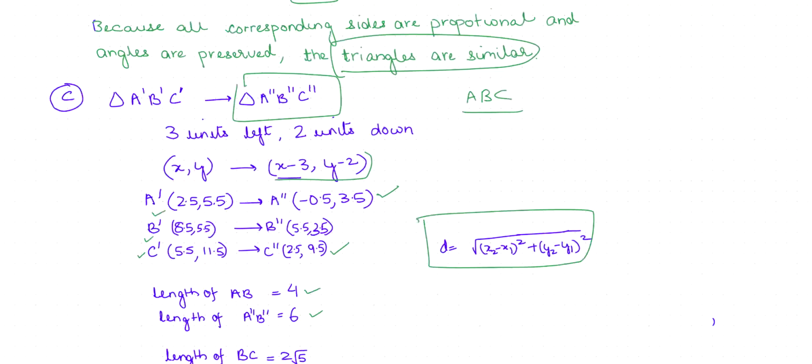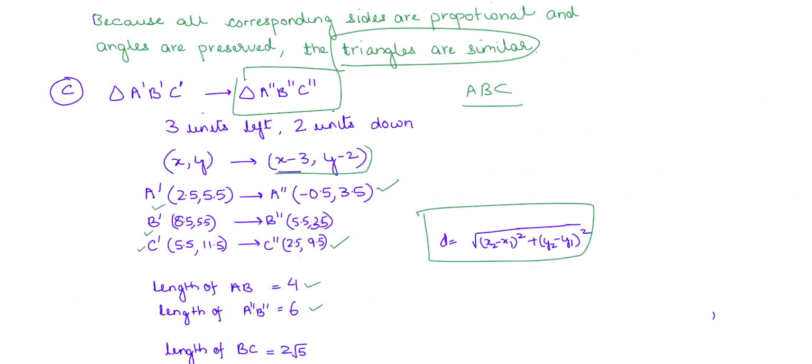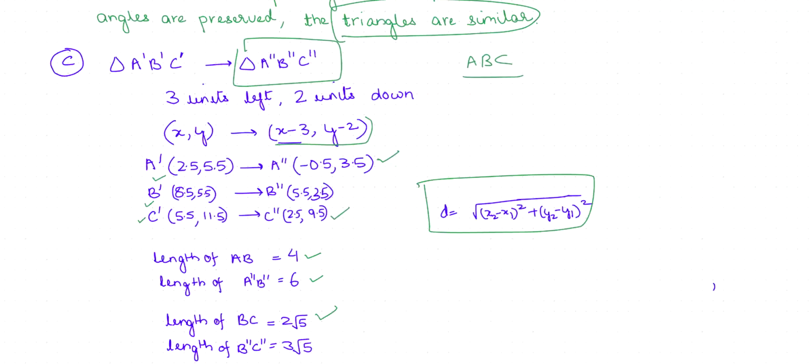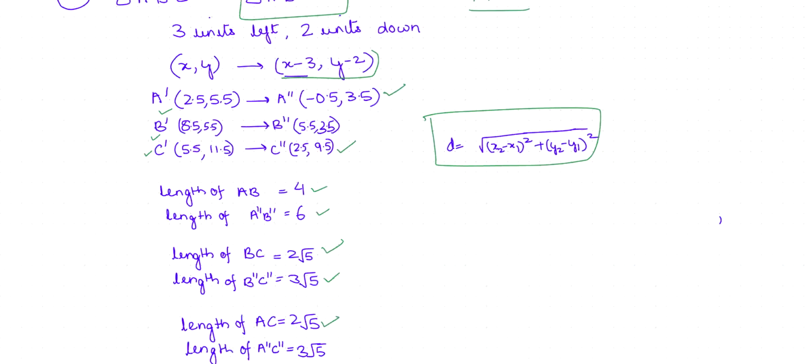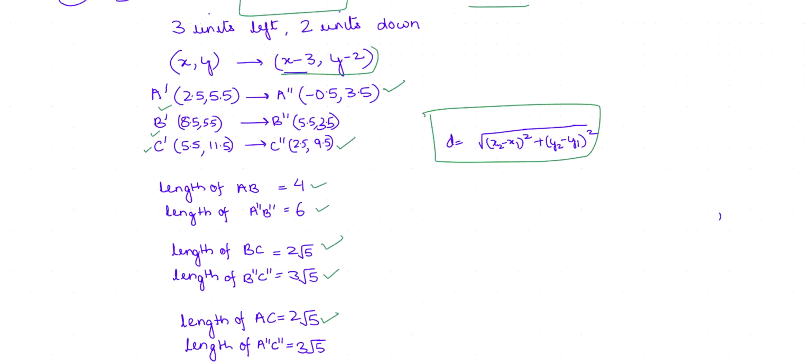Similarly we get BC, which we already got as 2 root 5. Now using this formula we got the length of B double dash C double dash as 3 root 5, and then the length of AC we already got as 2 root 5 and A double dash C double dash is 3 root 5. Now we find the ratio of A double dash B double dash over AB, which is 3 by 2.